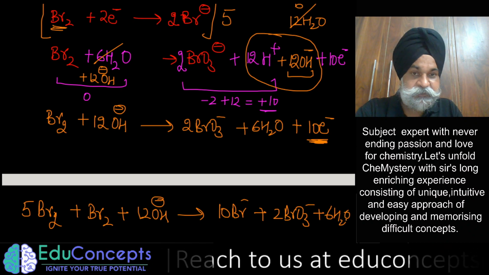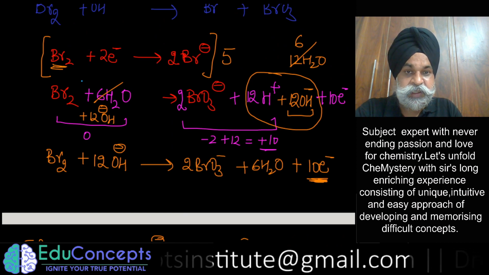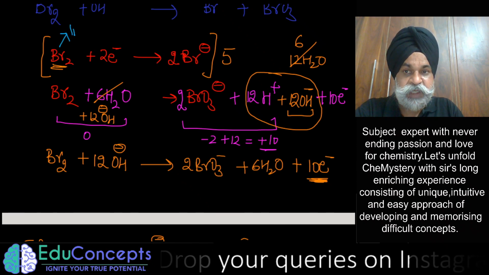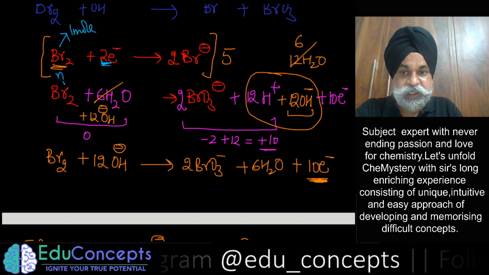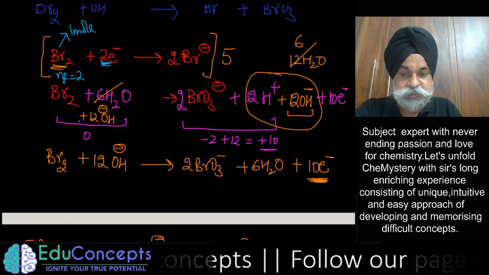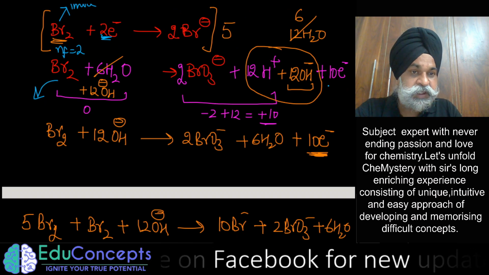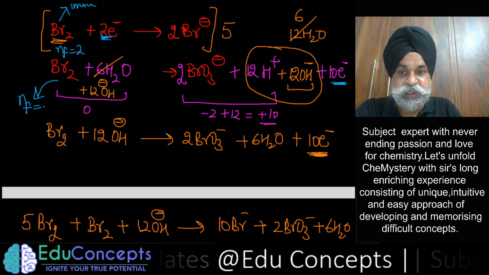Now let me take up how many electrons are being taken by this. 1 mole of this is taking 2 electrons, so the n factor here for this is 2. And parallelly, 1 mole of this bromine is losing 10 electrons, so the n factor here is 10.